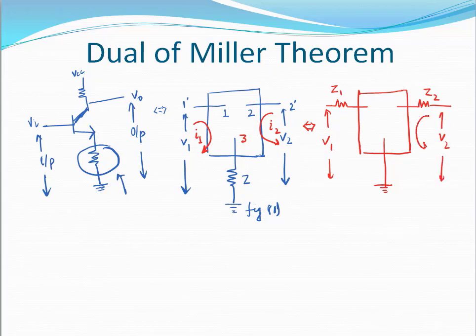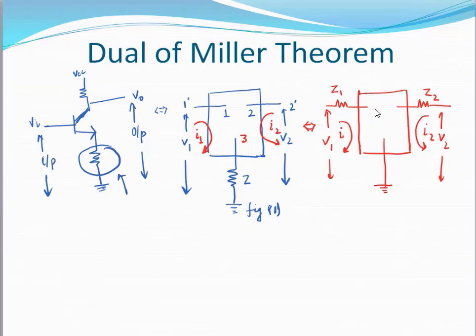The current flowing through this terminal is I2, and the current flowing through this terminal is I1. This is node 1, this is node 2, this is node 3, and this is figure 1, figure 2.